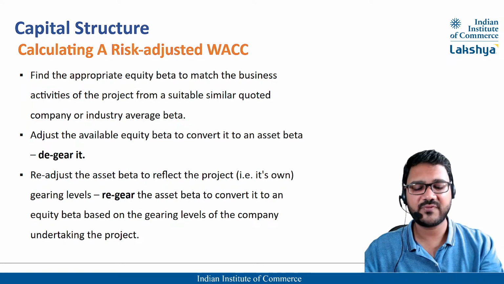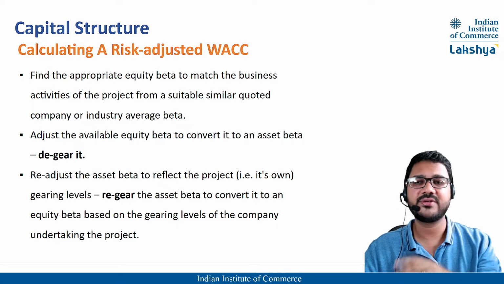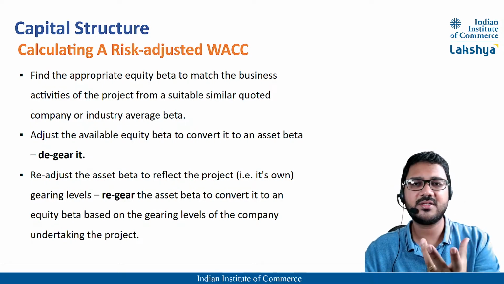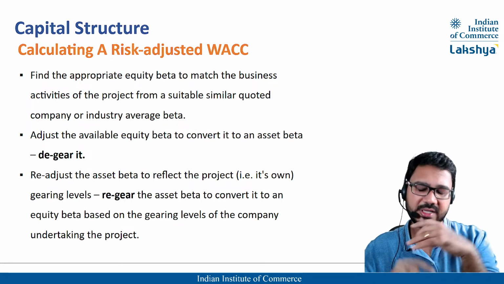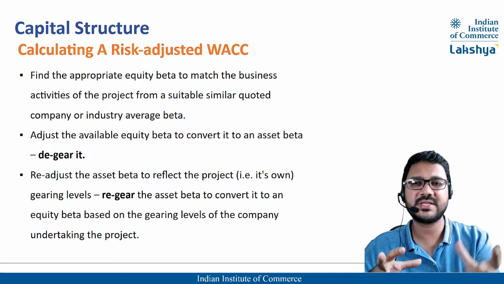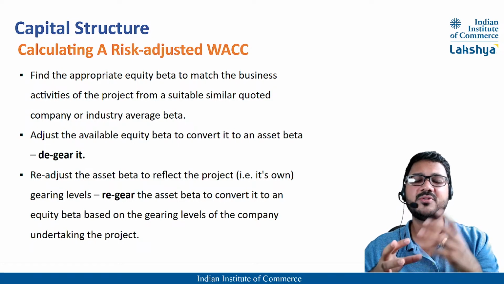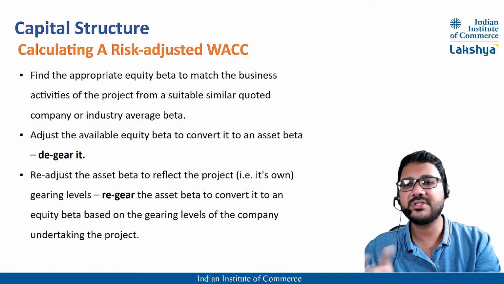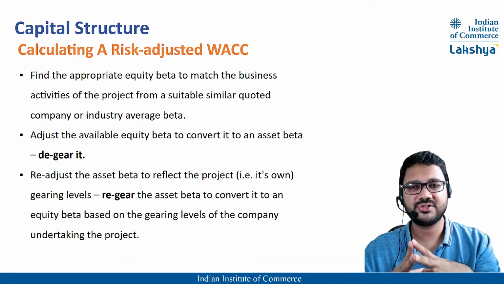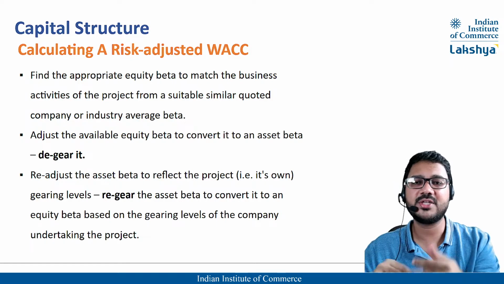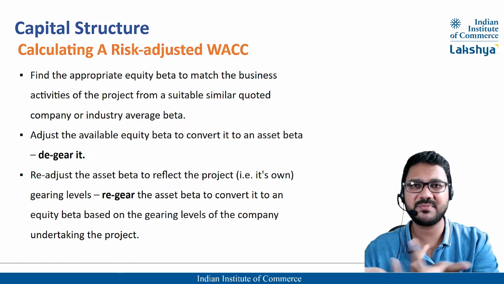Okay. So say, for example, you are entering into a new business of, say, telecom. You need to find the beta of a similar sized listed entity who has a beta available. If that is not possible, then take the industry average beta. Now, to that industry average beta, you can make certain adjustments if you want.